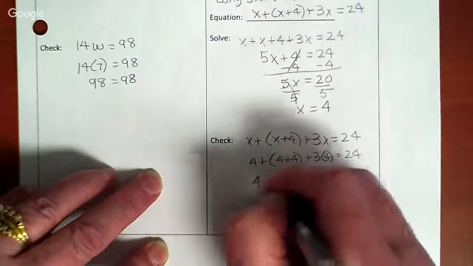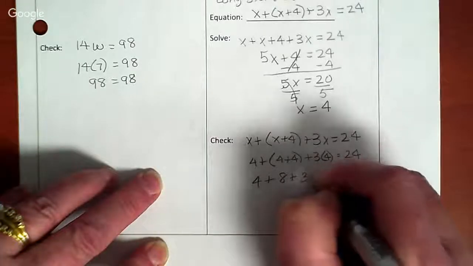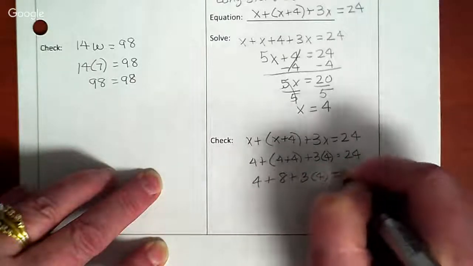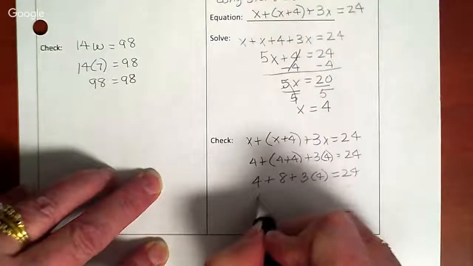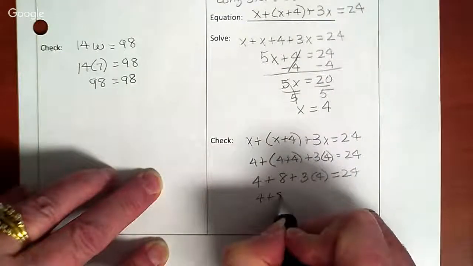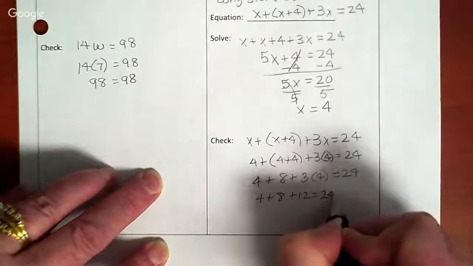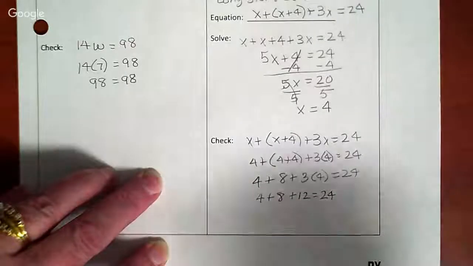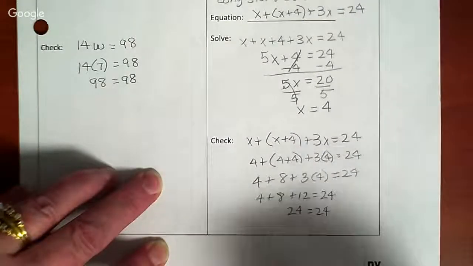So we have 4 plus 8 plus 3 times 4. Remember, you can't do 2 operations in one. So now I have 4 plus 8 plus 12 equals 24. These are all additions, so I can add them all together. We'll get 24 equals 24.